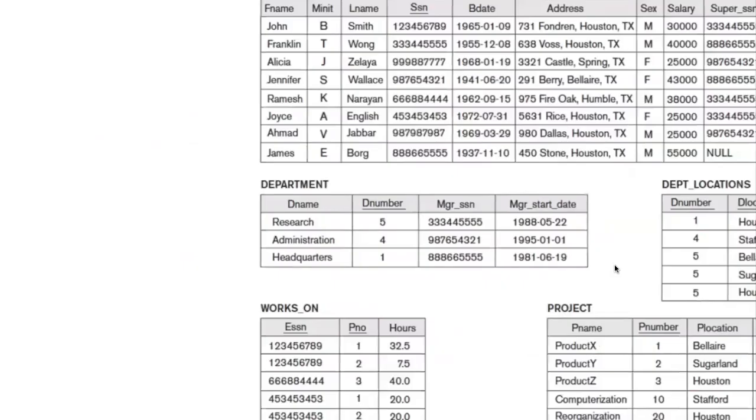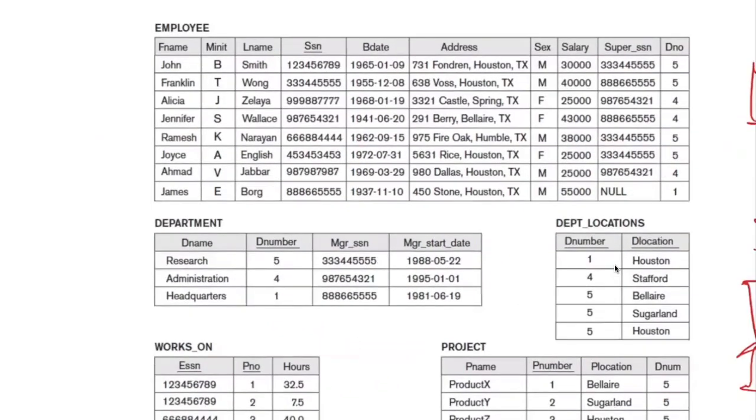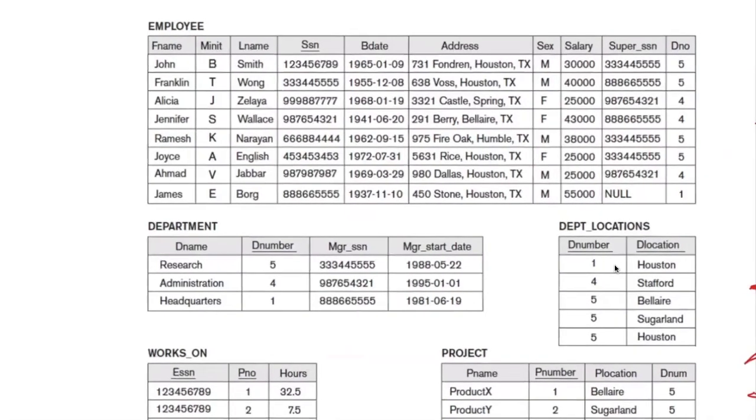Let's take this one, Jennifer. You can see her SSN, then her birth date, address, sex, salary, super SSN, and DNO.